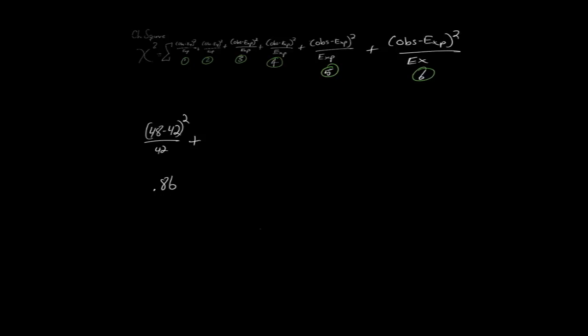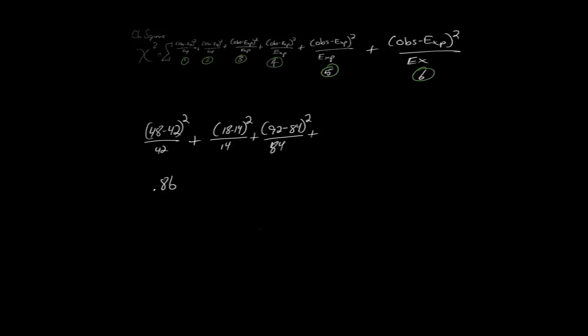So the second one is what? Observed is what? For the second one, observed is 18, minus 14, square it, divided by 14. The next one's 92 minus 84, square that, and divide it by 84.